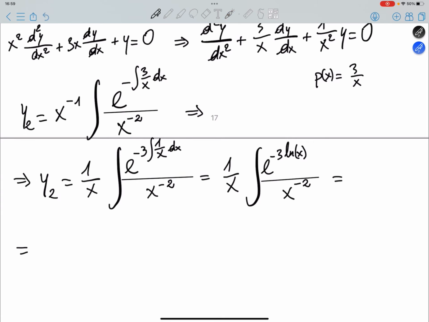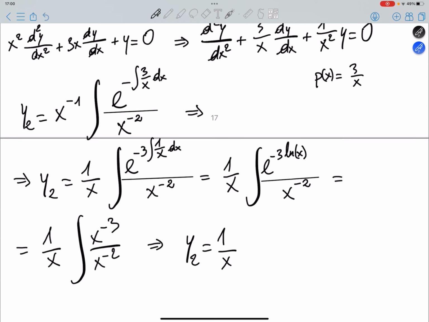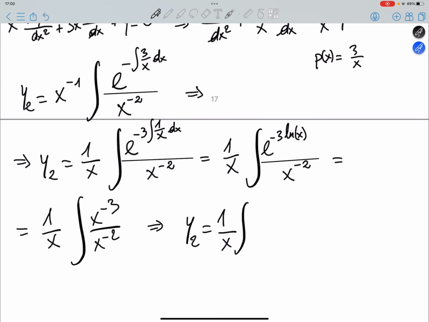So this is going to be equal to 1 over x integral of x to the power minus 3 over x to the power minus 2, because we can use properties of logarithm if we put this on the exponent. Exponential and logarithm are mutually inverse, so we're going to be left with x to the power minus 3, which is this one here. Now this implies that our y2 is going to be equal to 1 over x integral of x to the power minus 3 over x to the power minus 2.